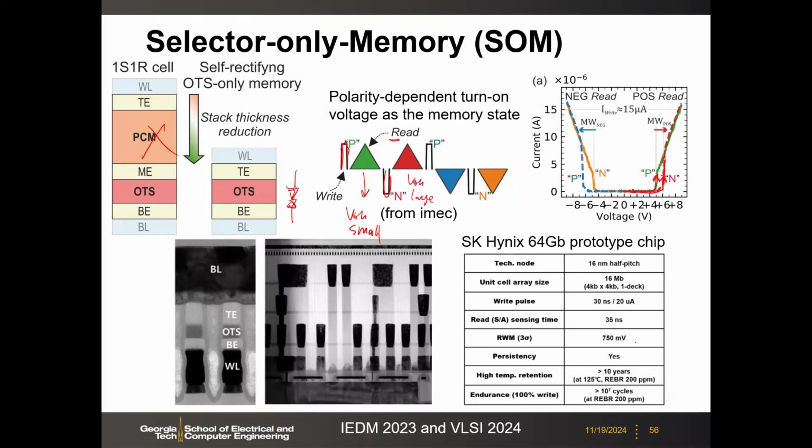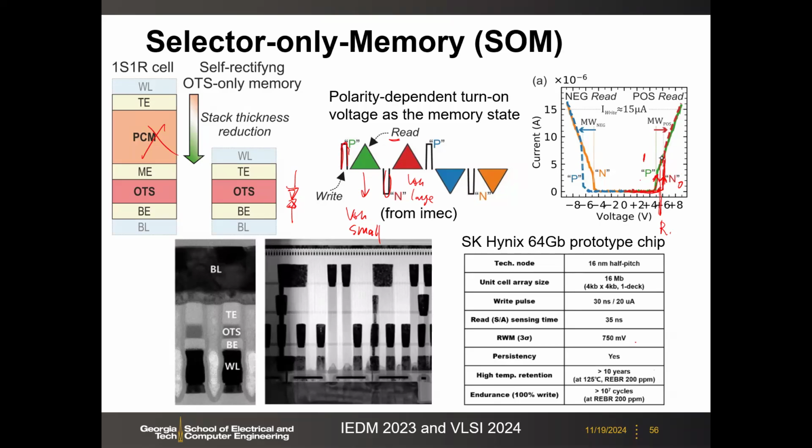So when you read, you can read somewhere in the middle. If the device is, let's say, 1 or 0, you rely on the turn-on voltage difference between the 1 and 0 states. That turn-on voltage is a function of your programming pulse direction.